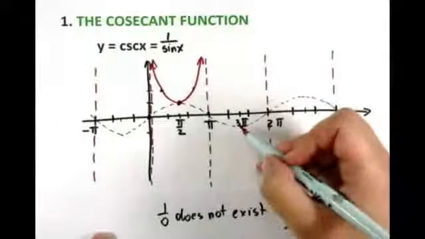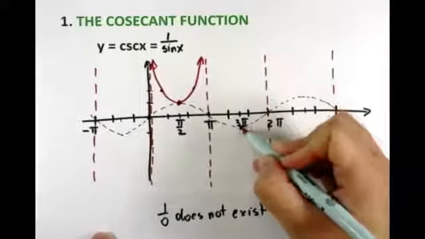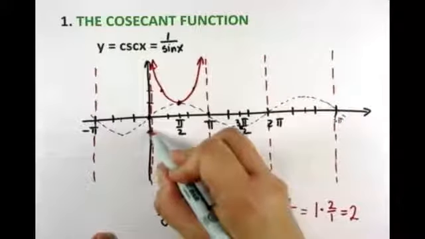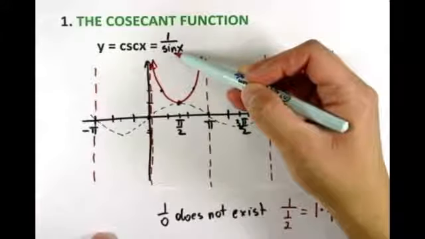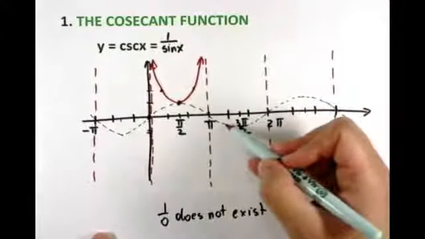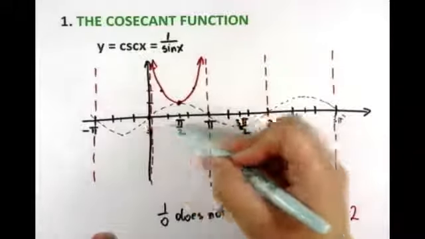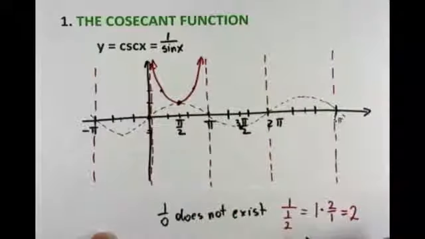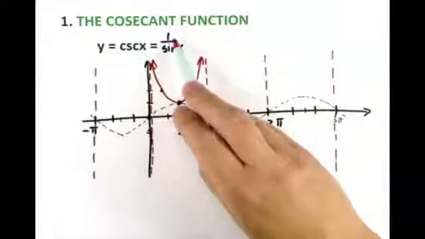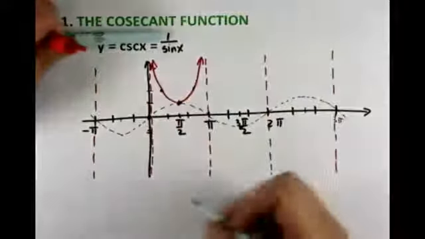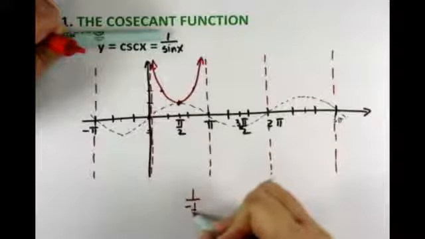And a similar situation happens on this one. This point is -1. -1 over -1 is still -1. Now this point has value -1/2. So now we are going 1 over -1/2.